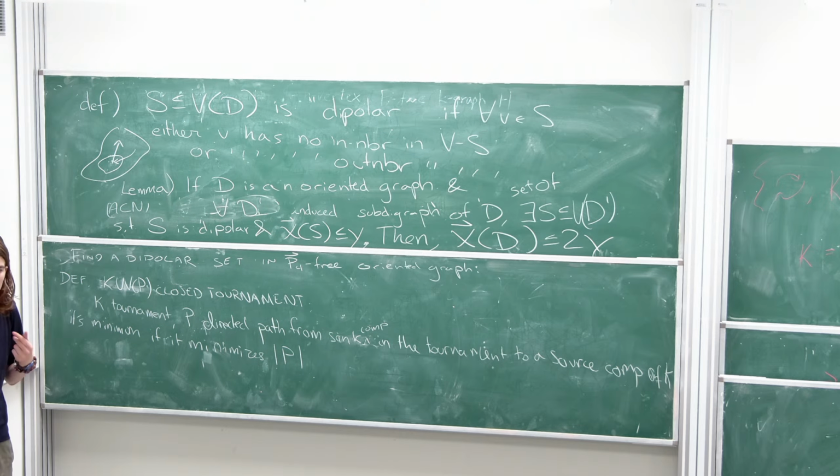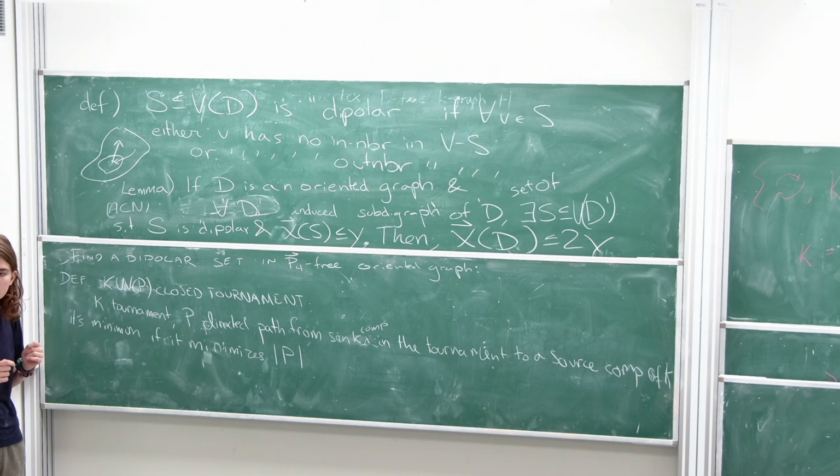So I think maybe it will be easier if you just think of it as you're adding a minimum set of vertices to K so that the whole blob ends up being strongly connected. But it turns out, because of minimality, that would have to be a directed path from a sink component to a source component of K. Is it unique?